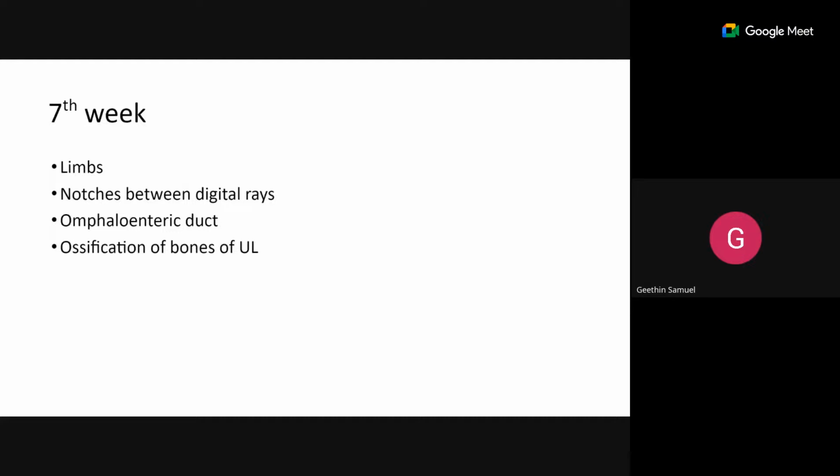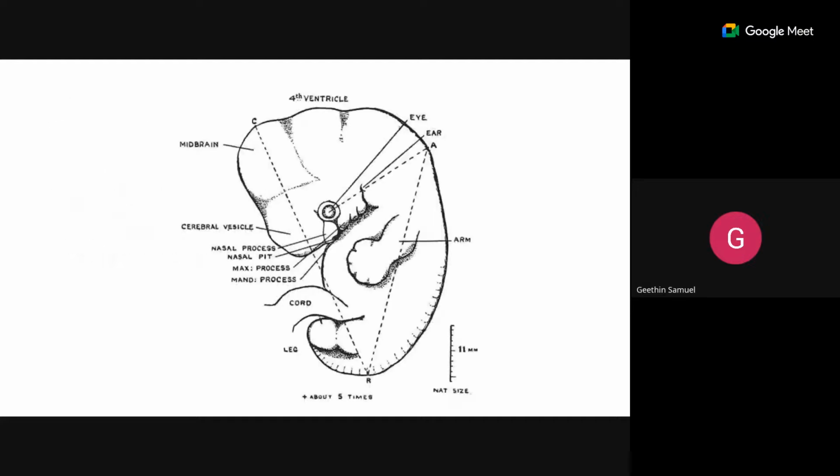So in the 7th week, the digital rays will get separated and the digits will become separated. Then the bones of the upper limb will start to form. By the 8th week, it will be formed. You can see in this limb, this is the hand pad.